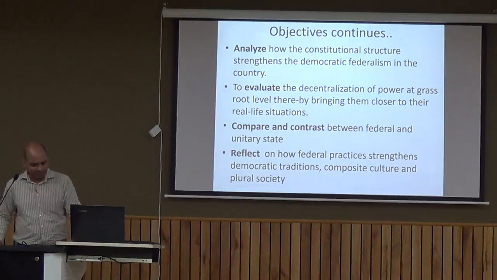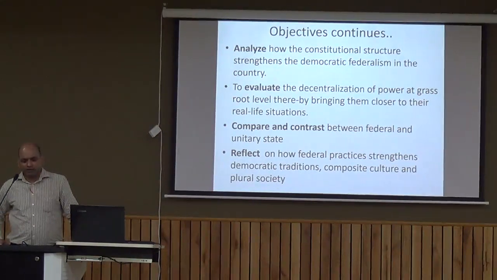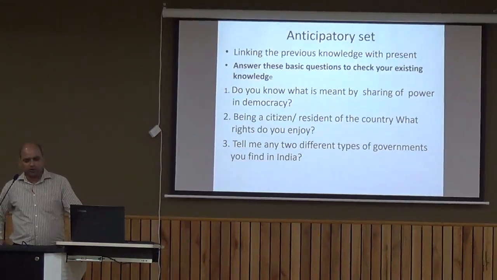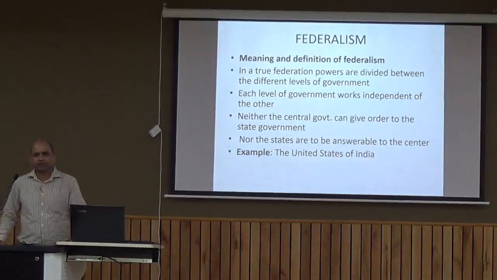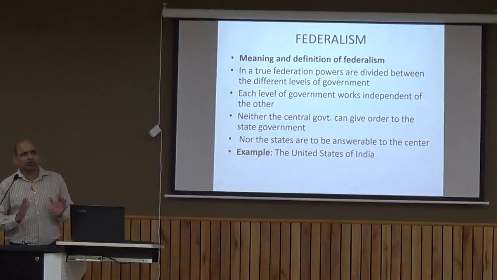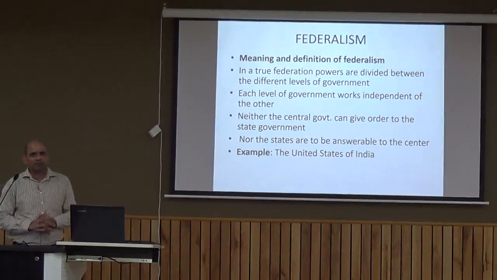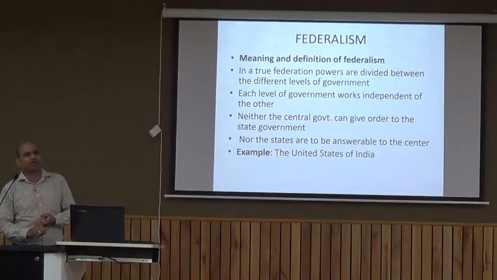What is federalism? The word federalism means a country where at least two or more levels of government exist, and powers are divided among these levels of government. All these powers have to be divided on the basis of a written constitution.